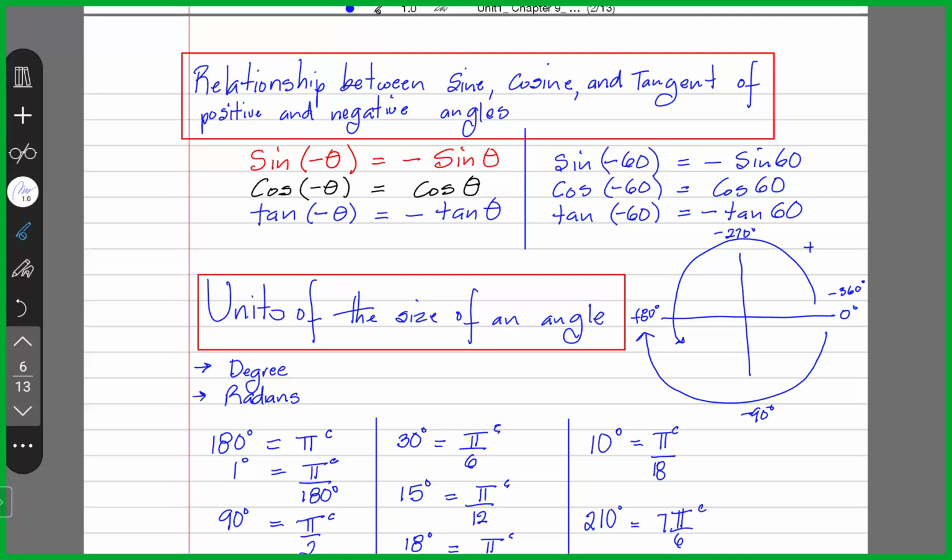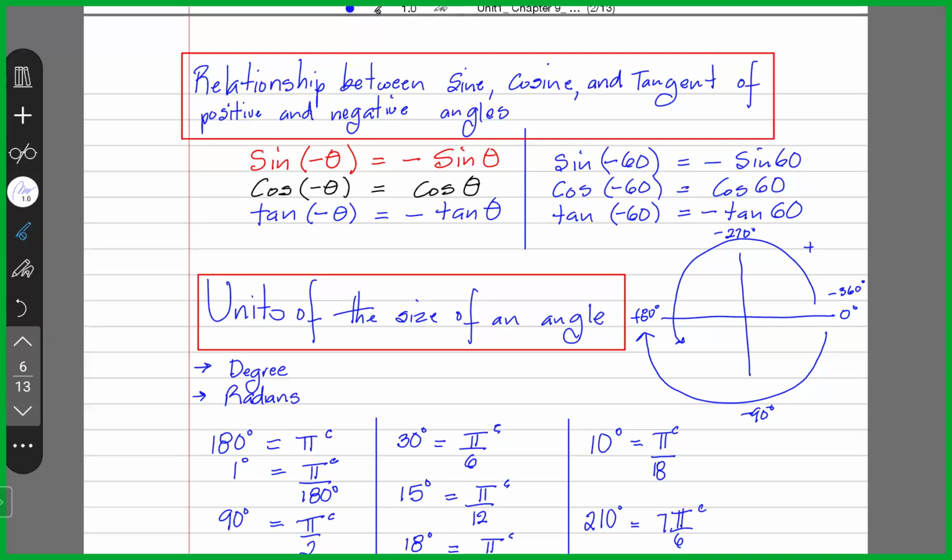The fourth quadrant is 0 degrees to minus 90 degrees. The third quadrant is minus 90 degrees to minus 180 degrees. The second quadrant is minus 180 degrees to minus 270 degrees.